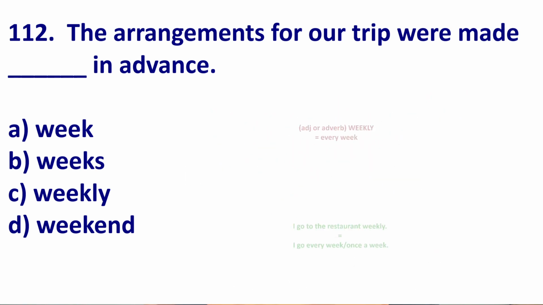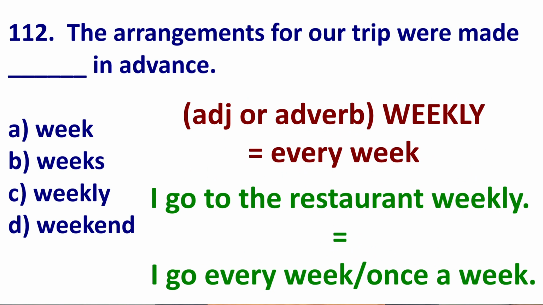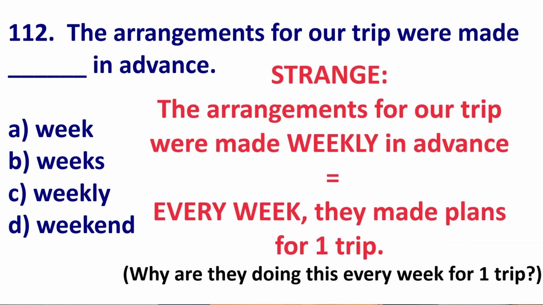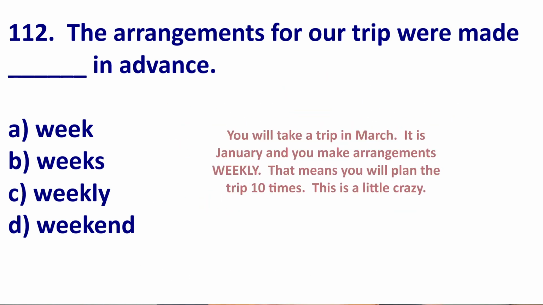Let's look at logic. Weekly means every week. It can be an adverb or an adjective. So if I say, I go to the restaurant weekly, that means I go once a week. So the arrangements for our trips were made weekly in advance. This is strange because every week you made arrangements for one trip.